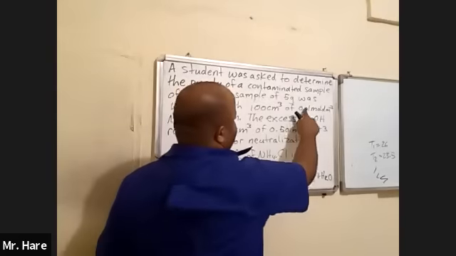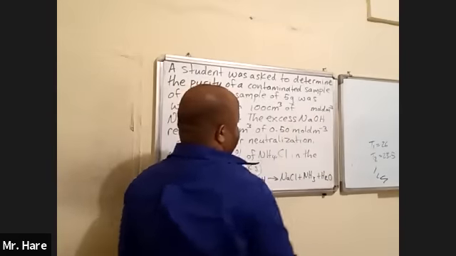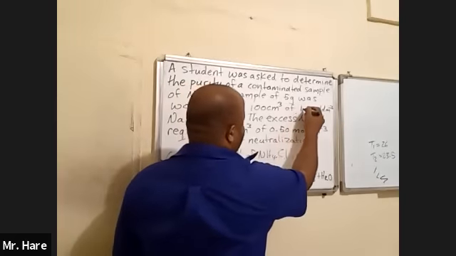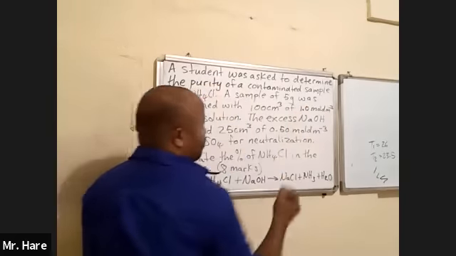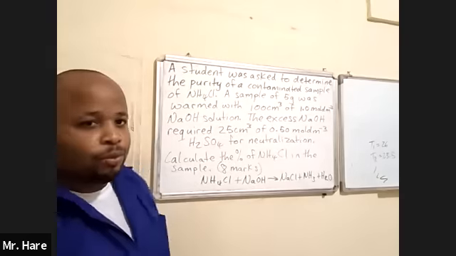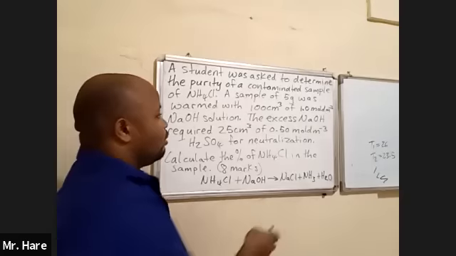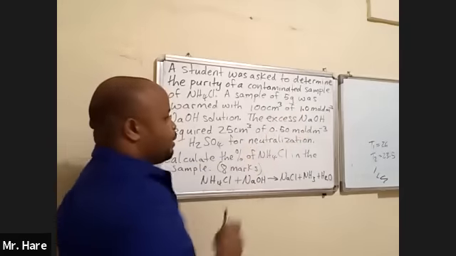This is not 0.1, it's 100 cm³ of 1 mole per dm³, not 0.1. Because if you get to the other part, you will realize that it wouldn't add up. So it's 1 mole per dm³.